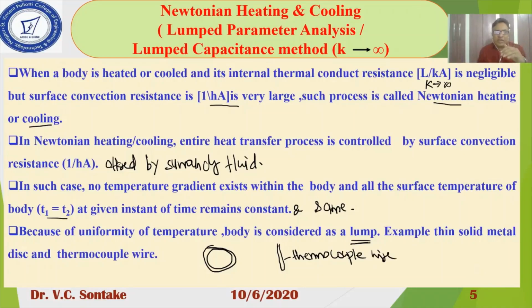So when a thin metallic disc is heated or cooled, it is supposed to undergo Newtonian heating or cooling because the surface area of a thin solid disk is very large as compared to its volume. Similarly, the surface area of a thermocouple wire is very large as compared to its volume, and it qualifies for Newtonian heating and cooling.